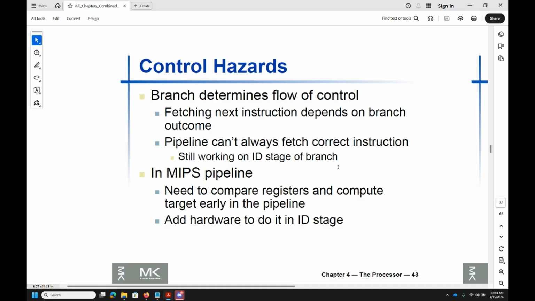You have to fetch the next instruction every time and decide whether to stay in the loop or break out of it. You have to compare two numbers: either the condition is true or it is false. Based on that, you execute the next instruction.